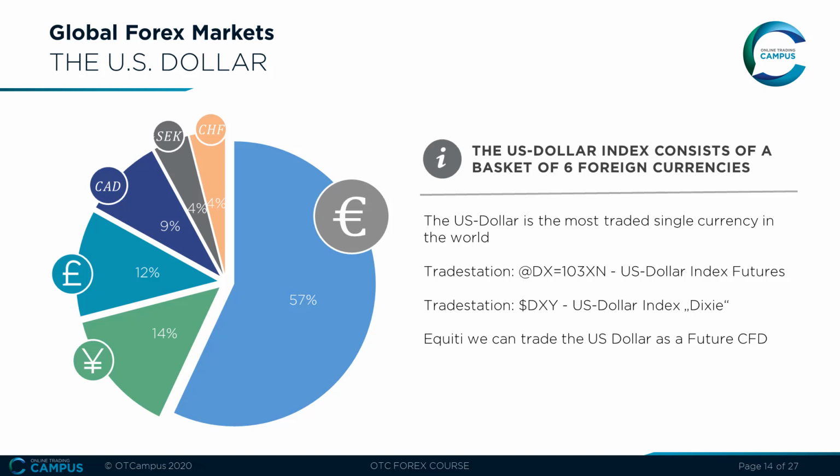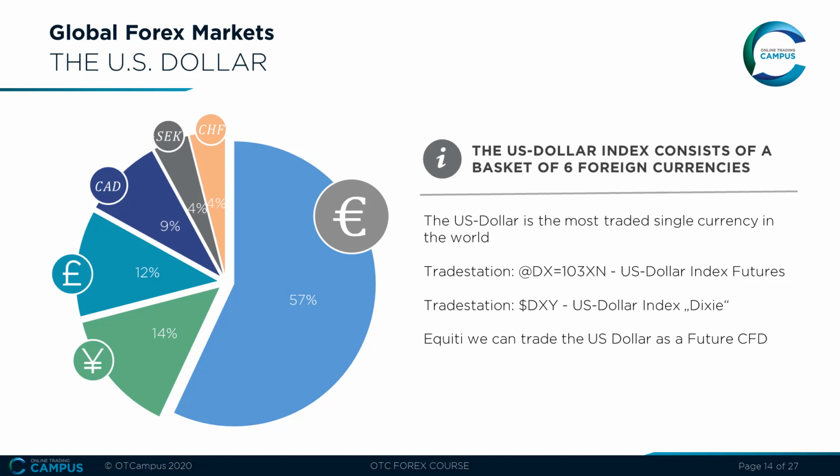When I'm on TradeStation, I usually use $DXY as a symbol, and the actual future symbol for the futures contract is @DX. And when we type in @DX equals 103XN, we will get the unadjusted chart of the US dollar index that continues even after the rollover and expiration date, something you will learn in the futures course.